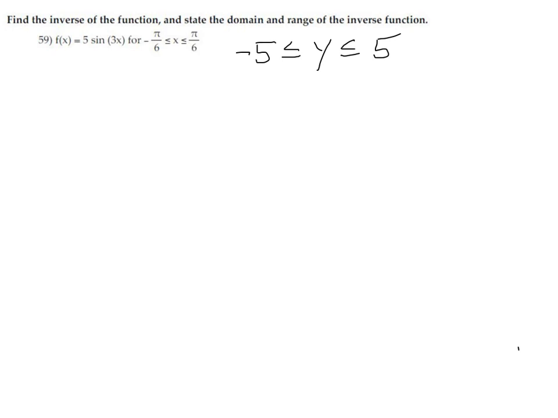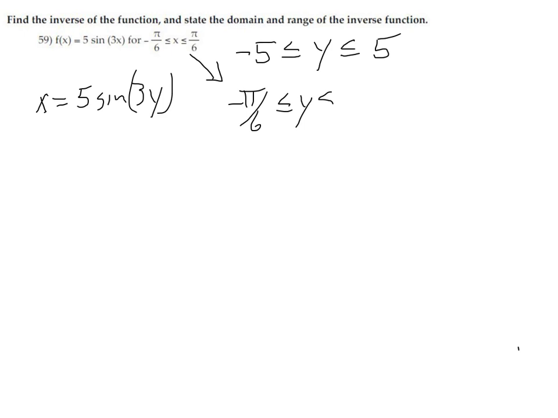The concept of solving for an inverse function is switch x and y. So this is now going to be x equals 5 sine 3y, and solve for y. When you switch x and y, you also get your old domain, switching x and y, it's now the range.